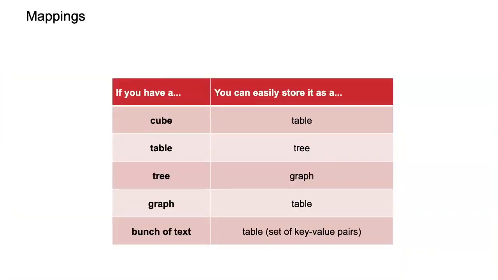Then something else you can do, and this I didn't really talk about in this lecture, is that you can implement a system manipulating trees on top of a system manipulating tables, or the opposite. So you can actually map shapes to each other. This is very complex.